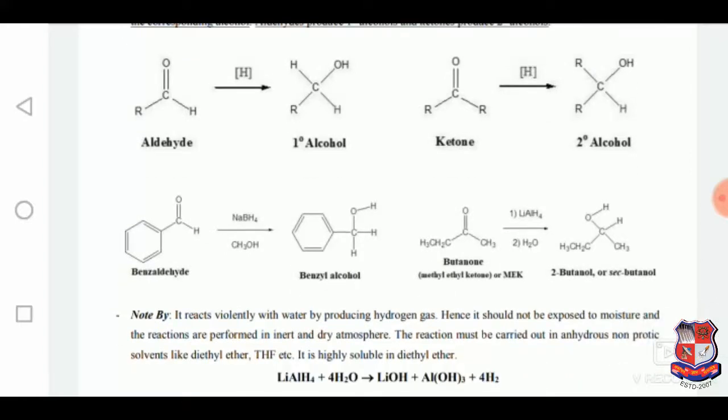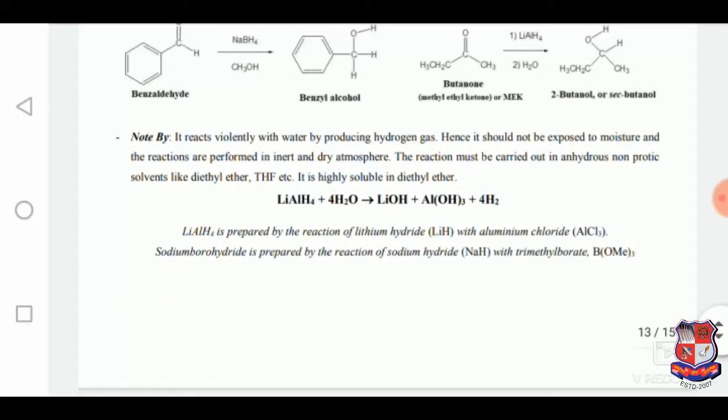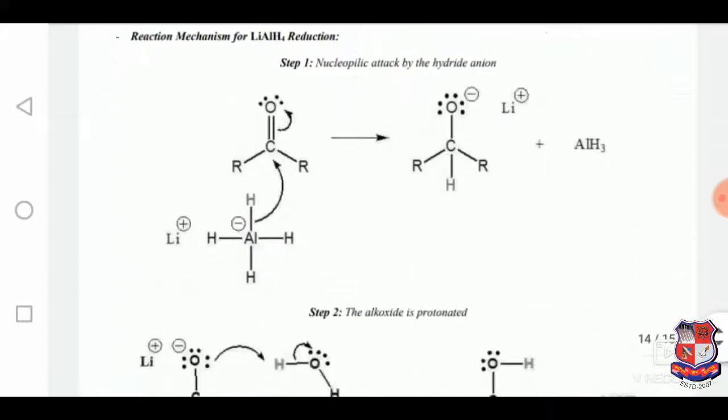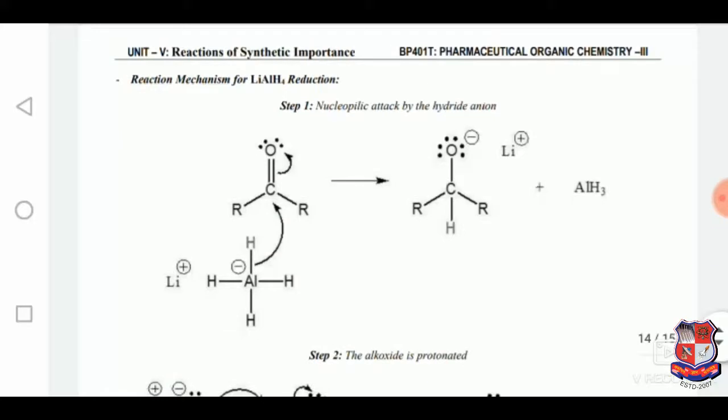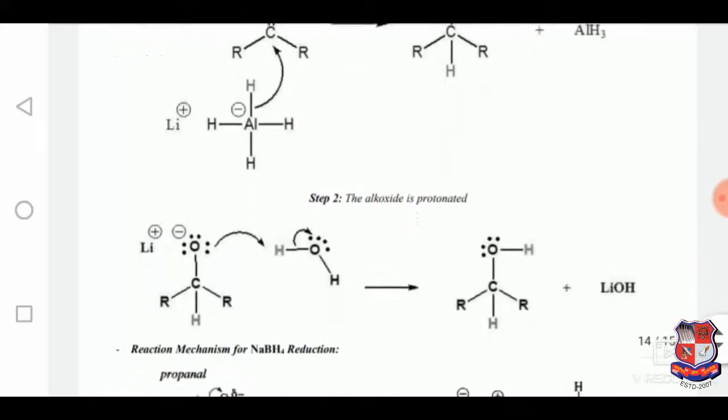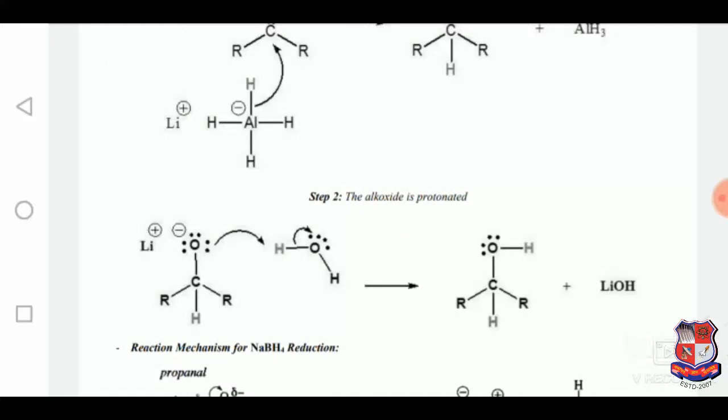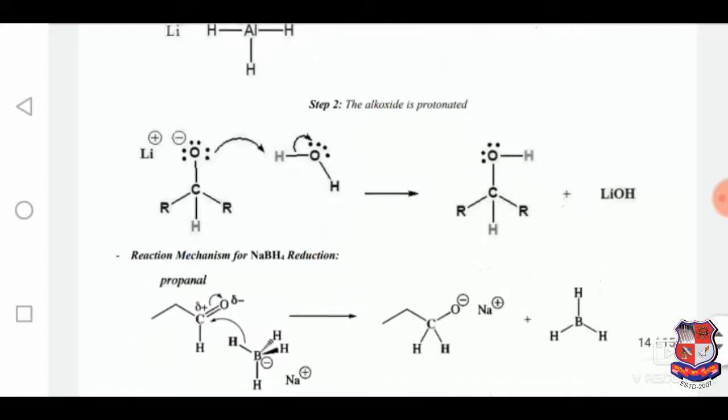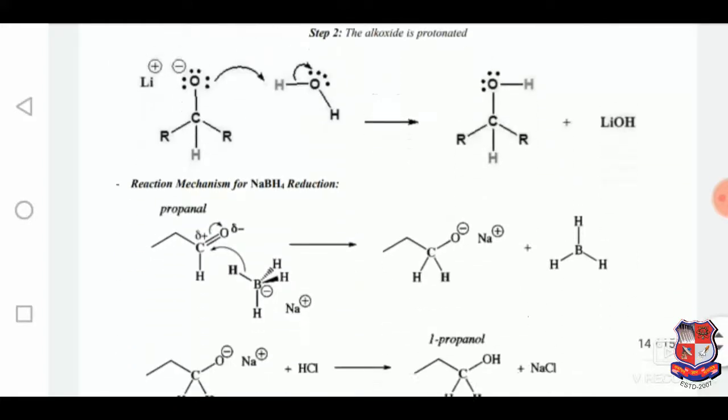These are the reactions from the carbonyl carbon to the corresponding primary and secondary alcohols. These are the general reactions which govern the formation of various compounds. This is the mechanism. In step 1, nucleophilic attack by hydride anion. In step 2, the alkoxide is formed and protonated.